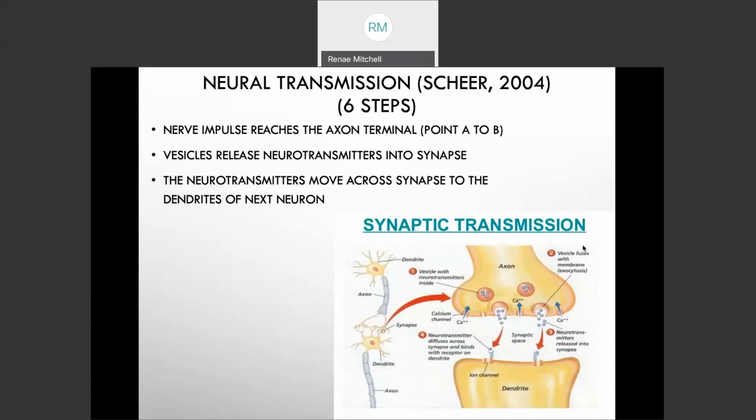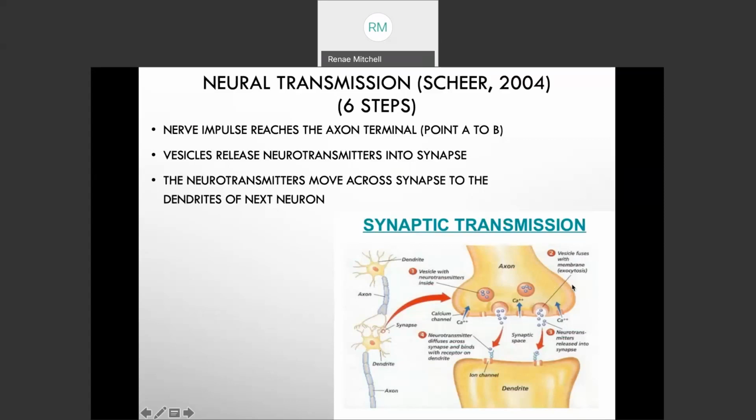But first, it's important to understand the basic function of neurotransmission, and the transmission of signals between neurons across the synapse. I talked about this briefly, but we'll go into a little bit more depth here. As the nerve impulse, the electrical signal, travels down the axon, it reaches the axon terminal.